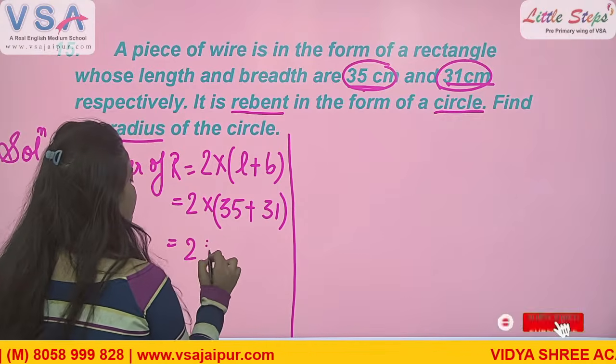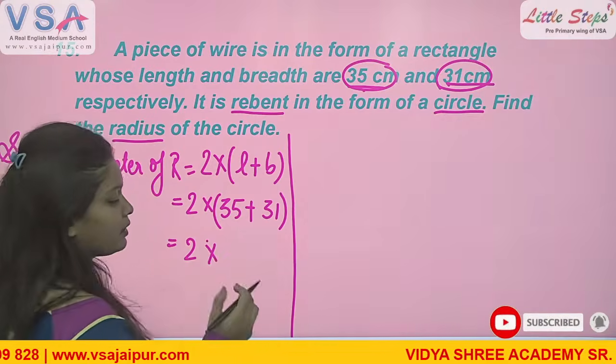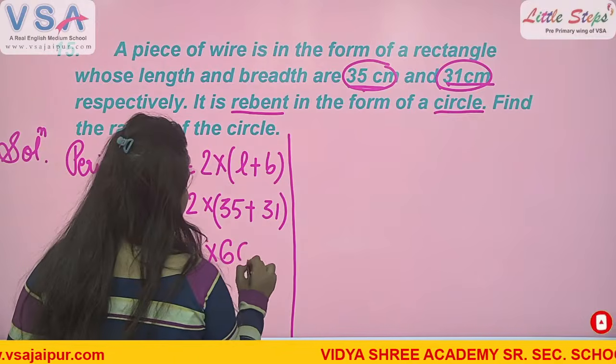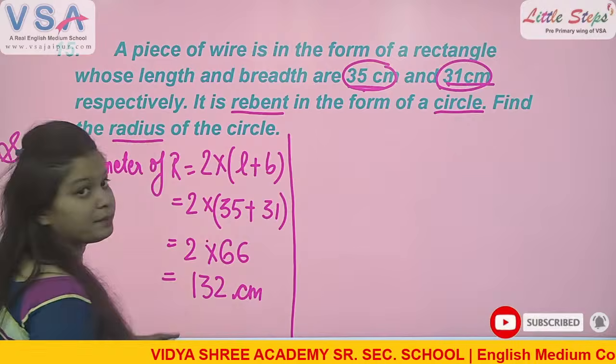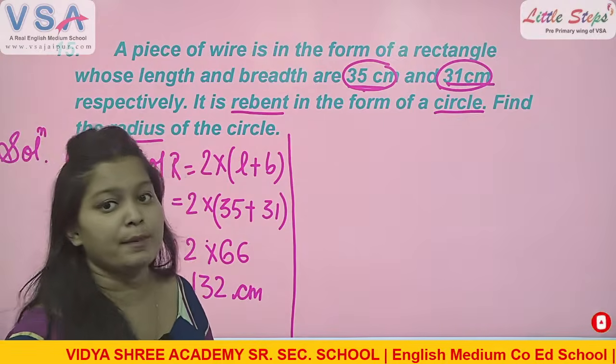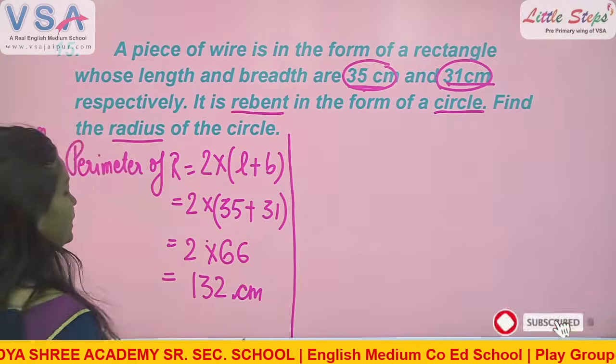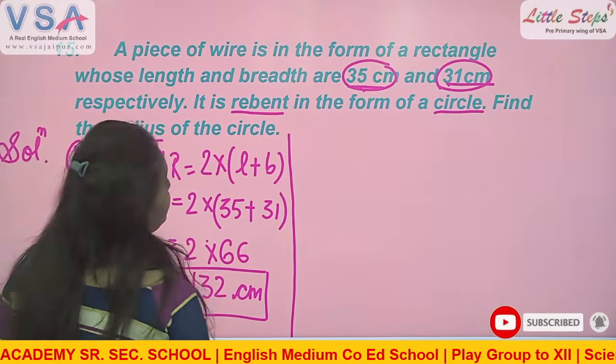Adding both the numbers, what we have? We have 66. Clear? Then we have 132 centimeter. This is the perimeter of rectangle. जो shape हमें given थी उसका perimeter हम निकाल चुके हैं. That is 132 centimeter.